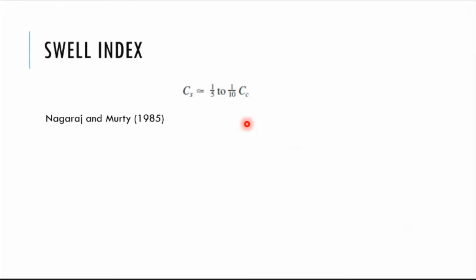For the swell index, which is C sub S, mostly we use C sub S as approximately 1/5 to 1/10 of C sub C. And Nagaraj and Murty also studied the swell index of the soil, and according to them, C sub S can be calculated with 0.0463 multiplied by the liquid limit in percent over 100 multiplied by the specific gravity.